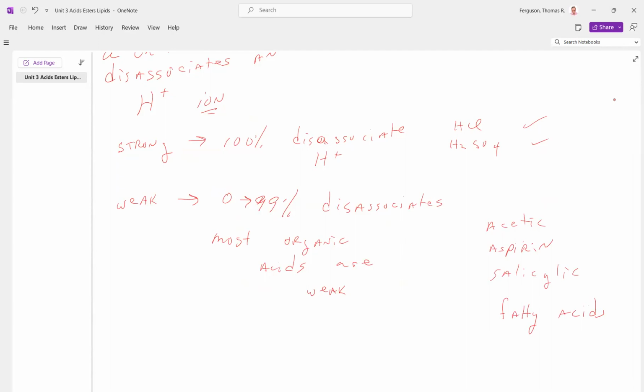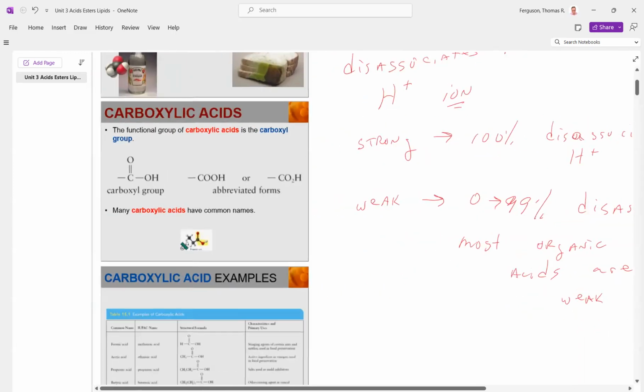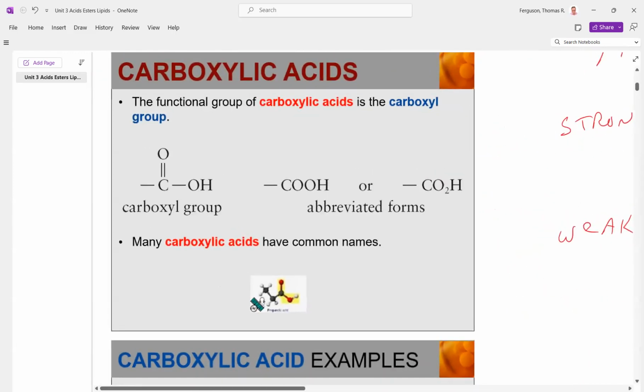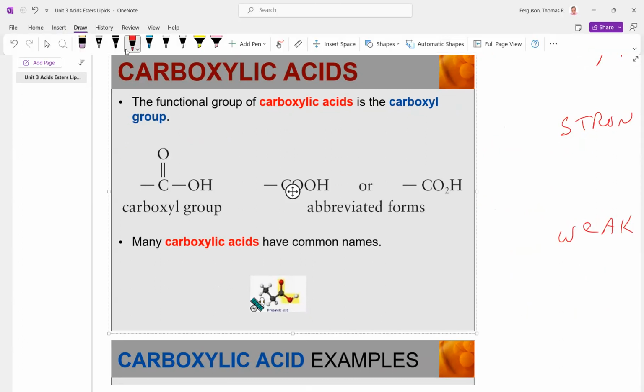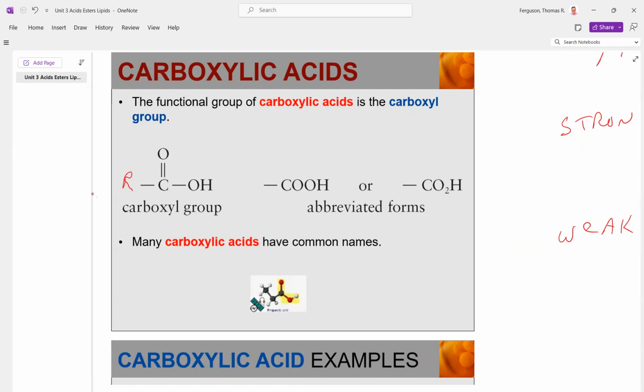With the acid, again, you've got to disassociate the hydrogen. Otherwise, it's not an acid. So the carboxylic group is the acidic part of the molecule.